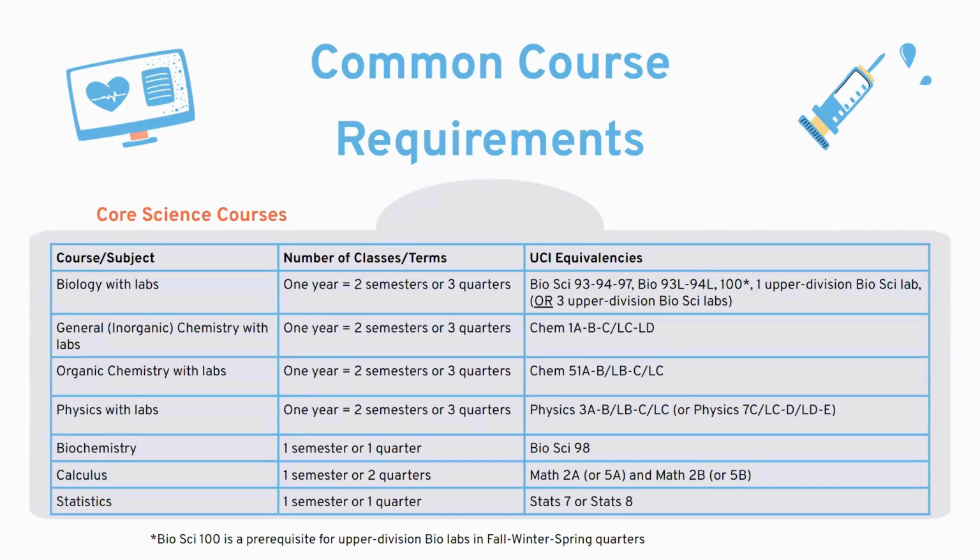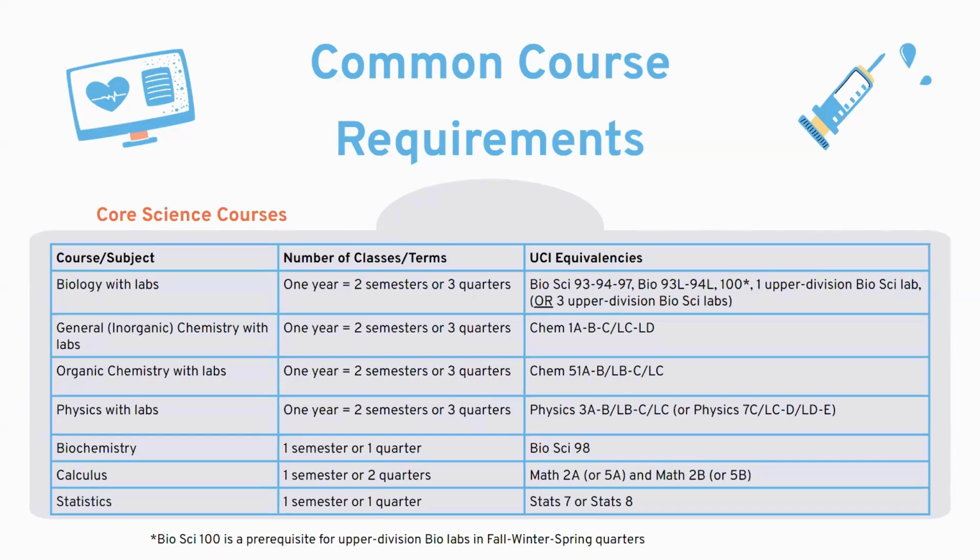health profession programs' prerequisites. You'll see that it requires biology with labs, 1 year of this, so that's 2 semesters or 3/4. If you were to take these classes at UCI, they would be Bio 93, Bio 94, and Bio 97 as the lecture courses, Bio 93L, Bio 94L, which are our freshman labs, Bio 100, which is a scientific writing course in preparation for upper division bio labs, and then one upper division bio lab.